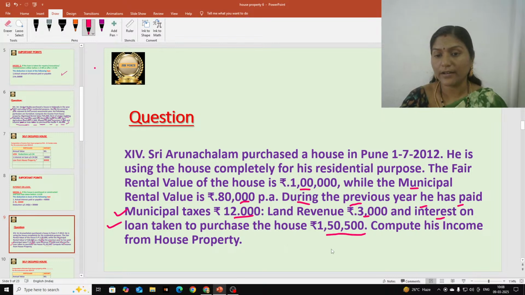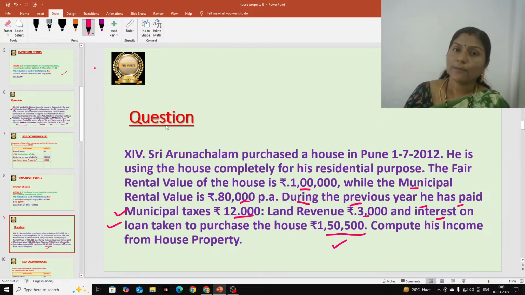So we can apply either model 1 or model 2. Whenever the loan is taken either for purchasing or for constructing the house, we can apply either model 1 or model 2. And we should select exactly, and we should check the date. What is the date? Actually purchasing date 2012. So he would have taken the loan during that period also for purchasing the house.